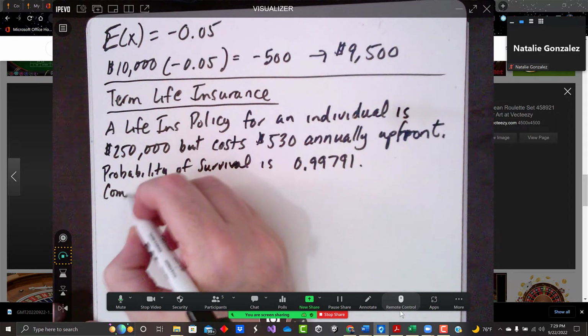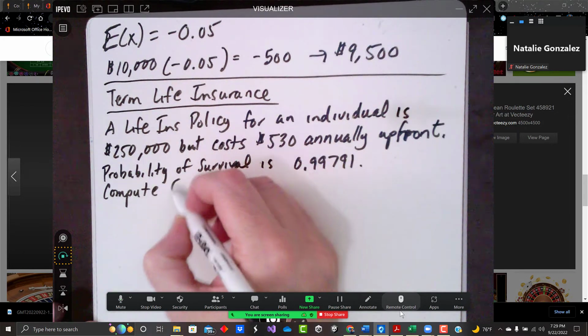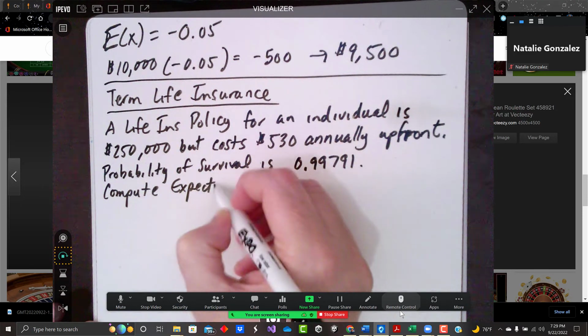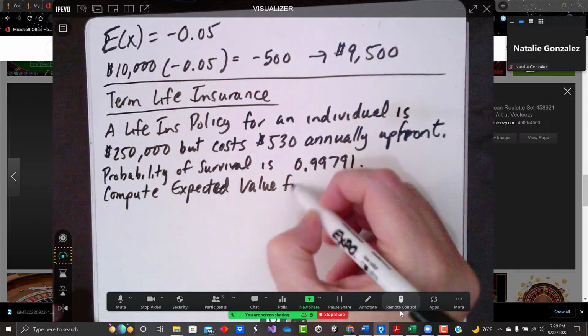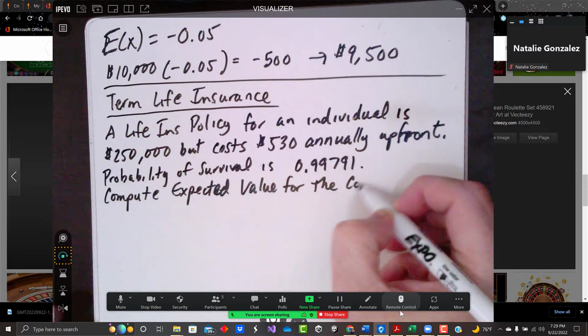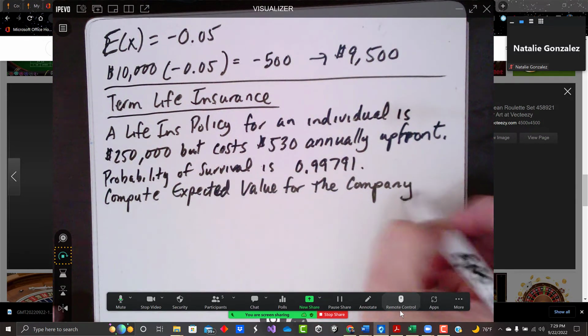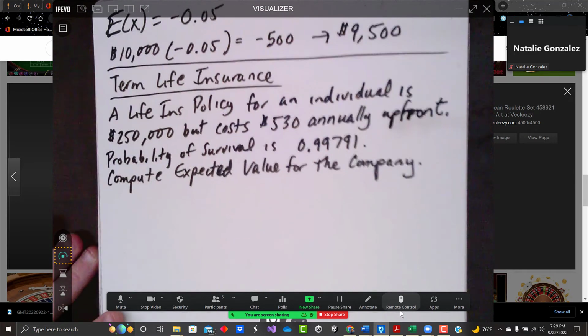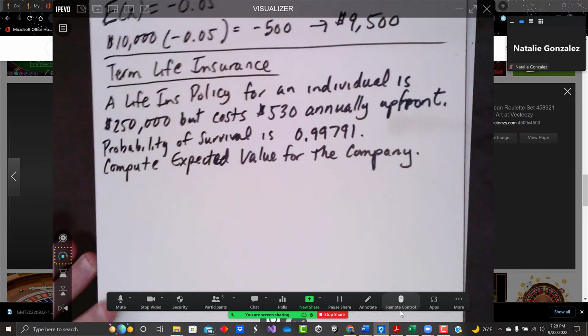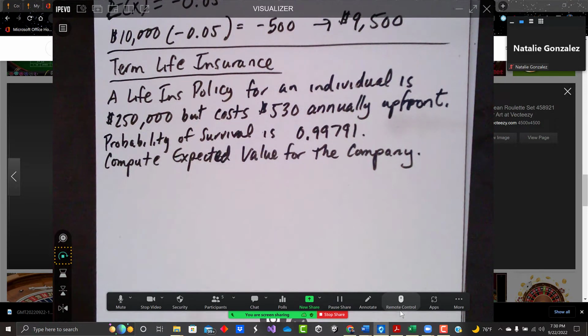Compute the expected value for the company. I'm pretty sure you have a homework problem that's similar to this. Give you a second to write all that down.